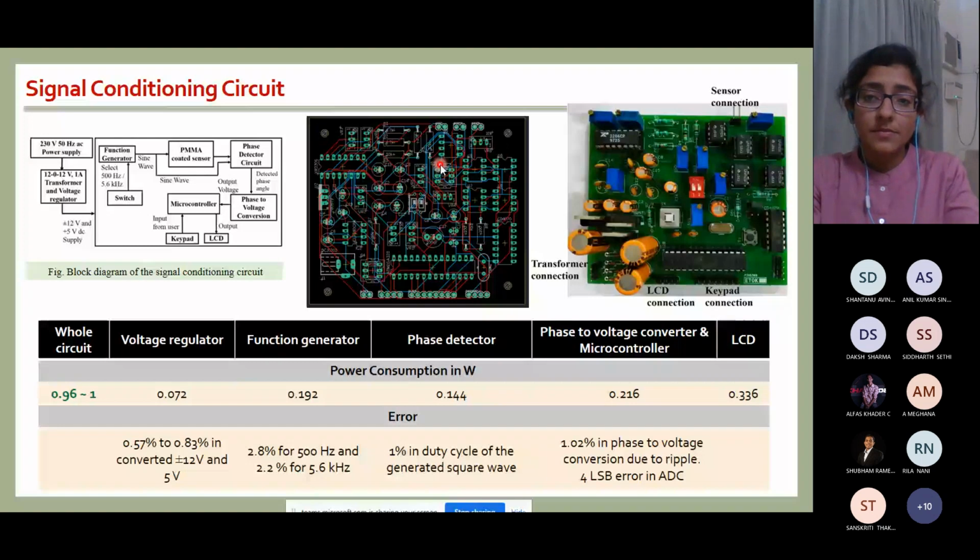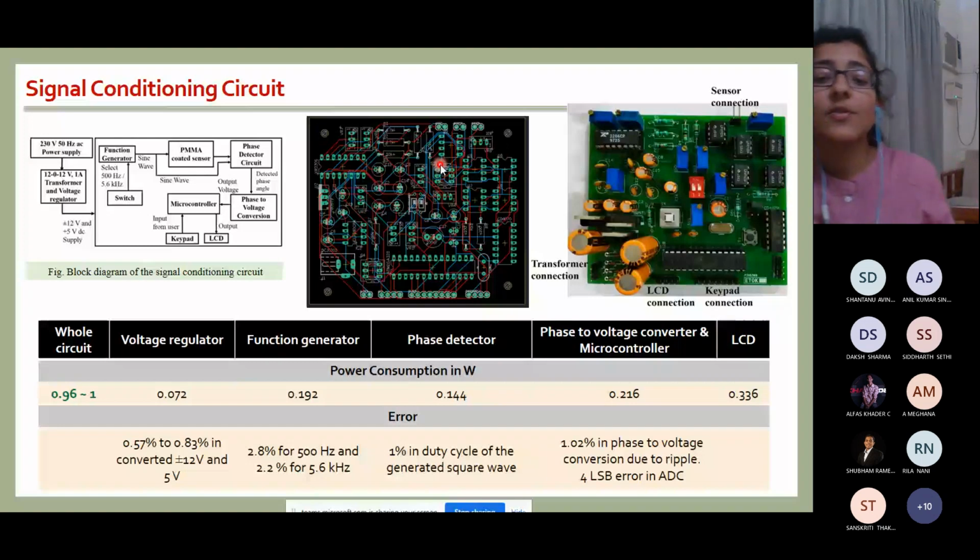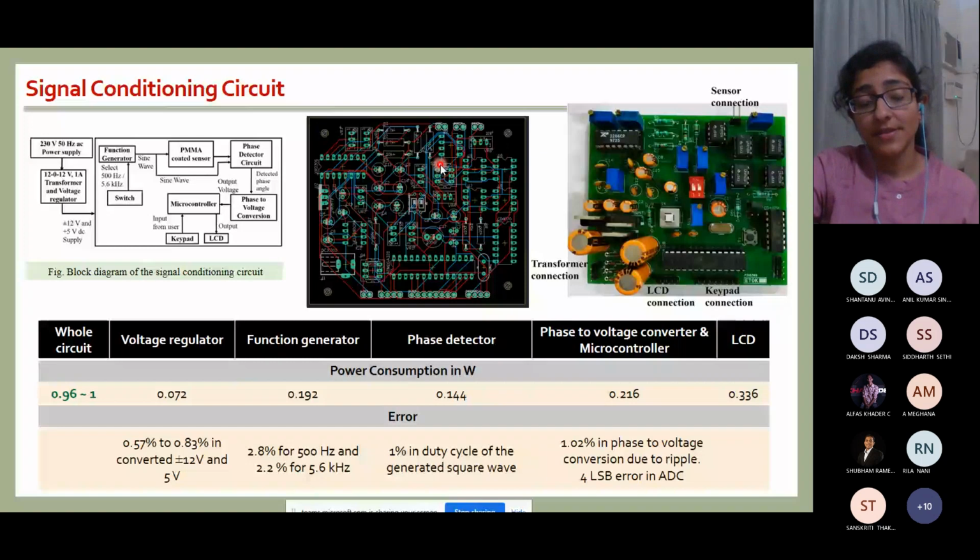Another thing is the errors you need to calculate. For electronic product design, if you are going deep into product design, you need to calculate the percentage error due to this electronic circuit, because there may be a problem with these ICs.